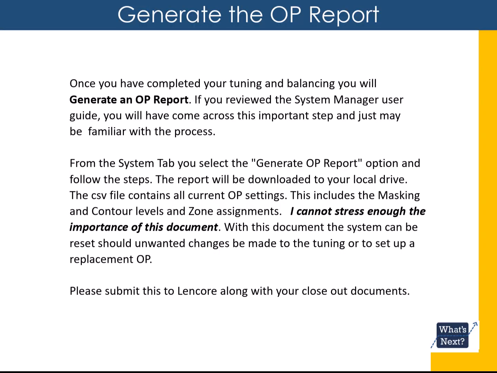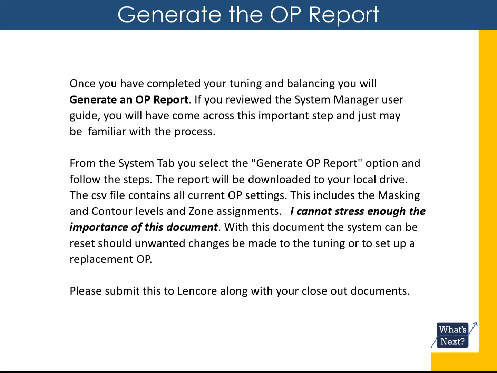Once you have completed your tuning and balancing, you will generate an OP report. If you reviewed the System Manager User Guide, you will have come across this important step and just may be familiar with the process. In System Manager, from the System tab, you will select the Generate OP Report option and follow the steps. The report will be downloaded to your local drive.